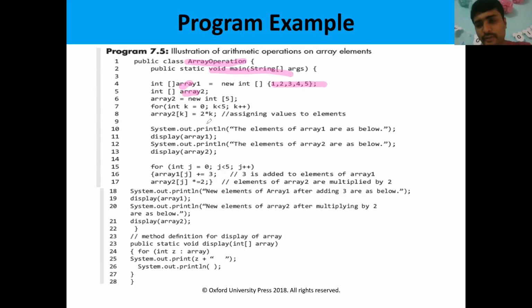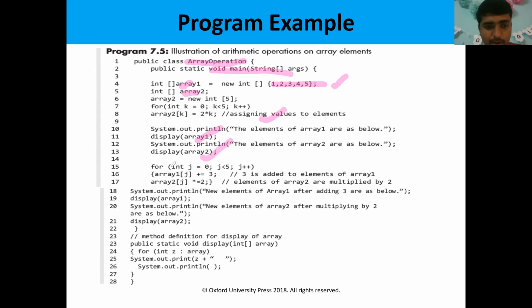If it is 1, 2 into 1, 2. If it is 2, 2 into 2, 4. Likewise, array 2 is filled. System.out.println is displaying array 1. Here array 1 is initialized, and here array 2 is initialized and assigned some values. So here displaying array 1, next here displaying array 2.